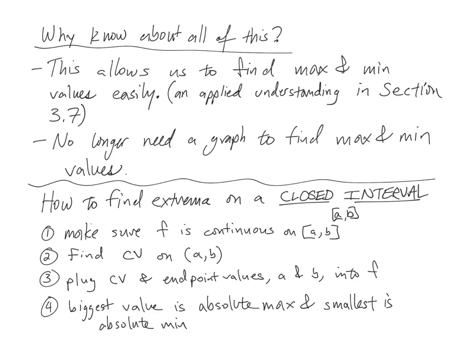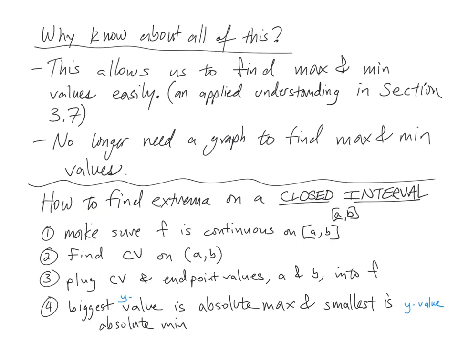The biggest y value, let me write y in there. The biggest y value is the absolute maximum. The smallest y value is the absolute minimum. Now, how do I know that the biggest is the absolute max and the smallest is the absolute min?